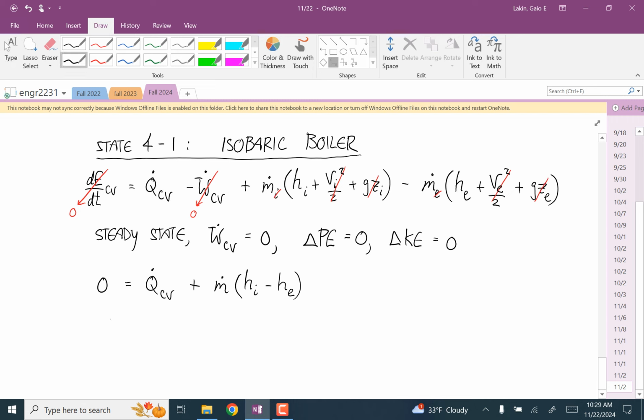And so we can write this as Q dot for the control volume is equal to, I guess I'll go negative m dot times the quantity h_i minus h_e. Do we expect, so this is the first law sign convention. Does that agree with the direction of heat flow at the boiler?